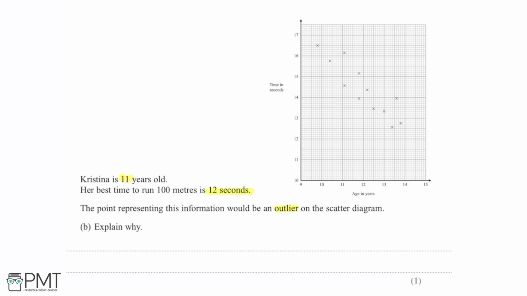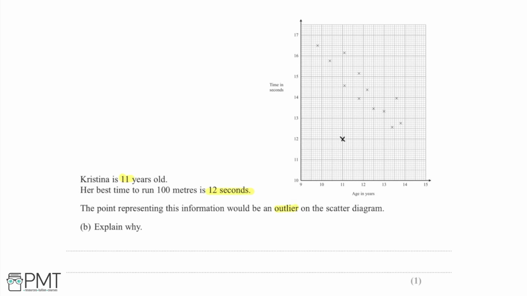So if I have a look of where this point is going to be, if she's 11 years old, we're going to be at this point on the x-axis, and she runs it in 12 seconds. So the point is going to be drawn in here. And as we can see, if we were to draw a line of best fit over here, showing this negative correlation, this point lies nowhere near the line of best fit and doesn't continue the trend.